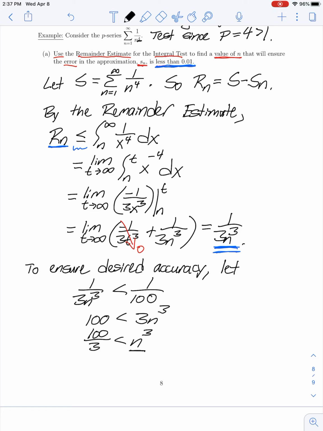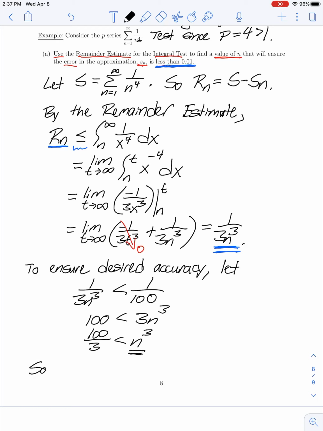So let's try the next integer value. If n equals 2, 2 cubed is 8, so 2 doesn't work. If n is 3, we have 3 cubed, or 27, which still isn't greater than 33.3. But if n is 4, 4 cubed would give us the desired accuracy. We would have 16 times 4, which is indeed greater than 33.3.